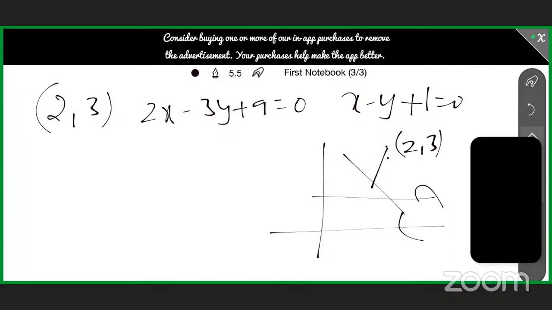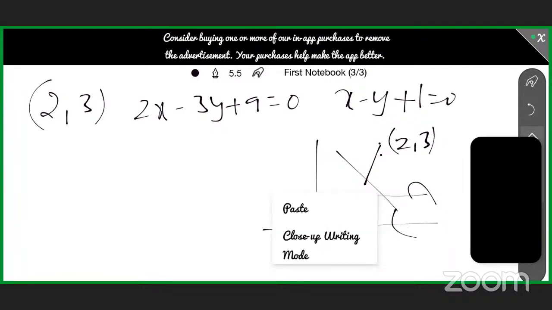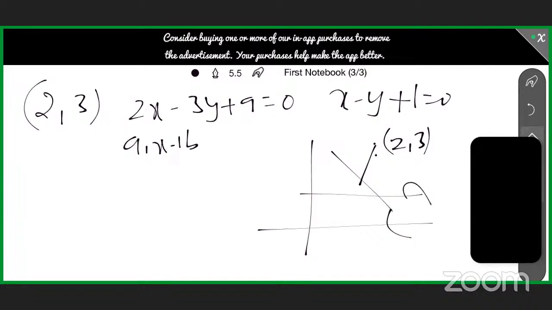If a1x plus b1y plus c1 equals 0 and a2x plus b2y plus c2 equals 0, the point of intersection is (b1c2 minus b2c1) by (a1b2 minus a2b1), comma (a2c1 minus a1c2) by (a1b2 minus a2b1).